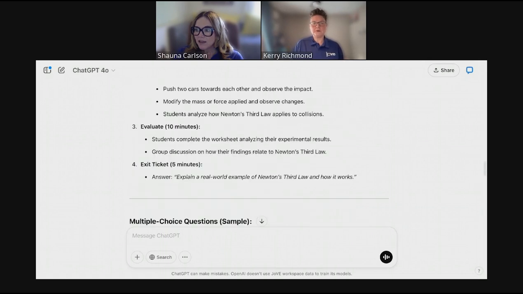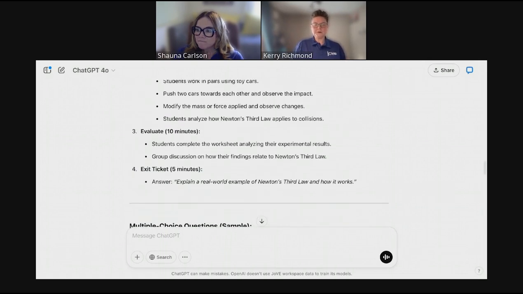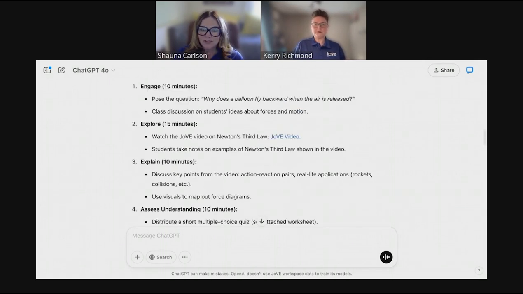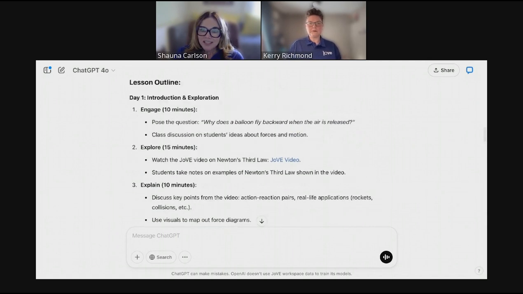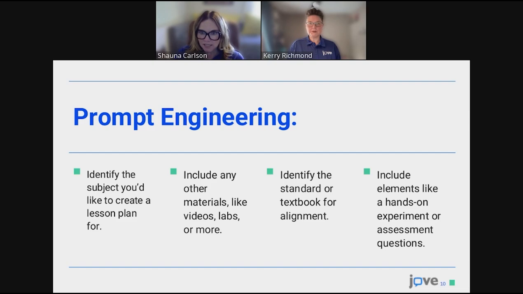So as you see, quickly and easily, we have generated a lesson plan for middle schoolers on Newton's third law aligned to NGSS. But now maybe we need to refine this a little bit further to go into different learning levels and differentiated experiences.